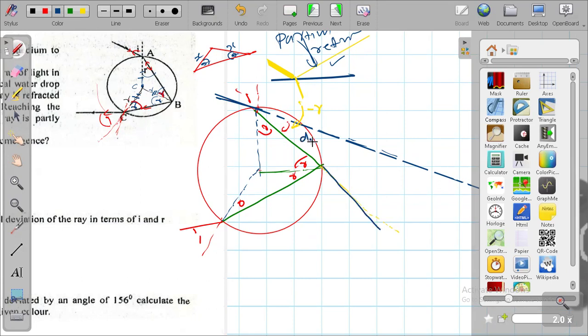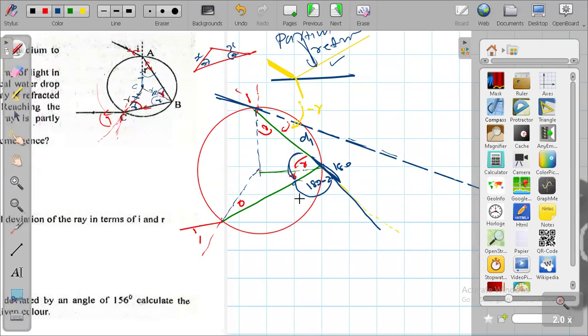This is deviation number one. But it had to bend again to here. What is this total angle here? 180. Now this is going to be 180 minus 2R, because the remaining angle is 2R.